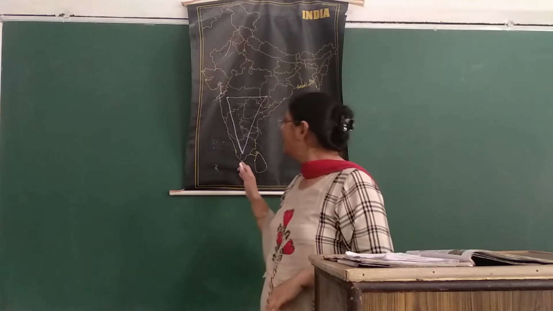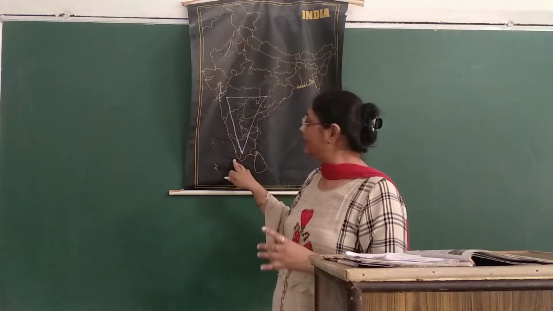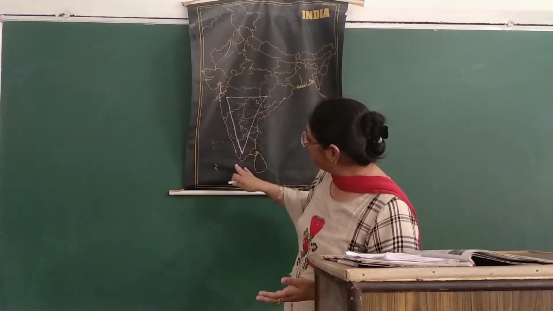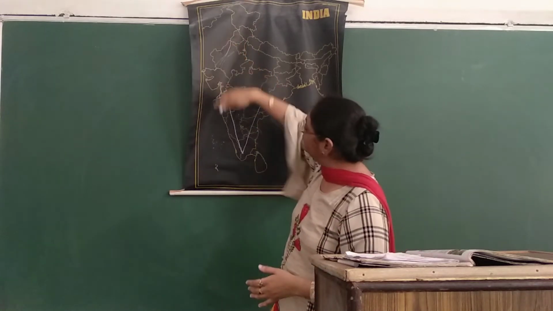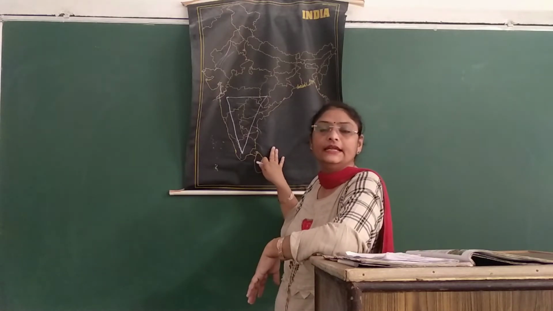And in India, there are also some coastal areas. In India, there are 3 water bodies touched by India. That is the Arabian Sea, Indian Ocean, and the Bay of Bengal. And these 3 water bodies form the coastal areas in India.